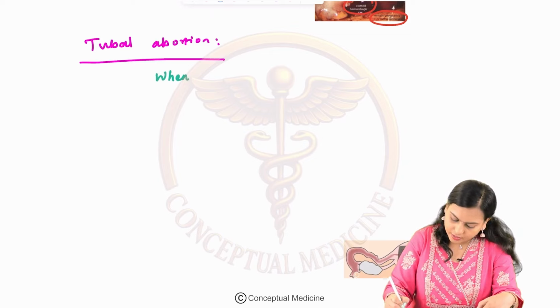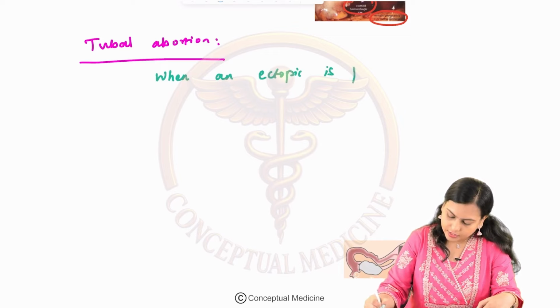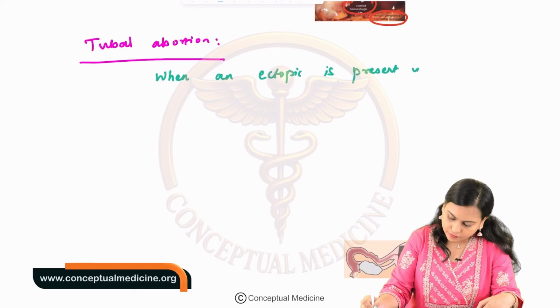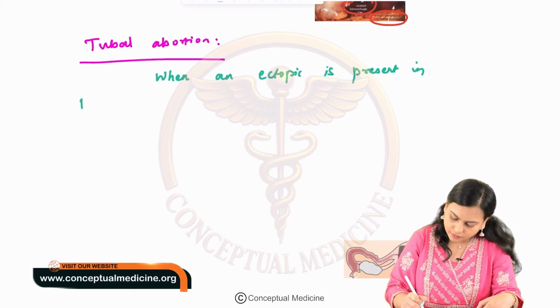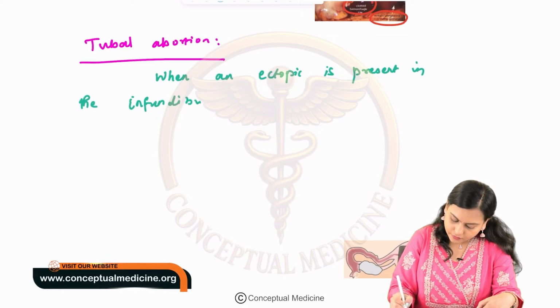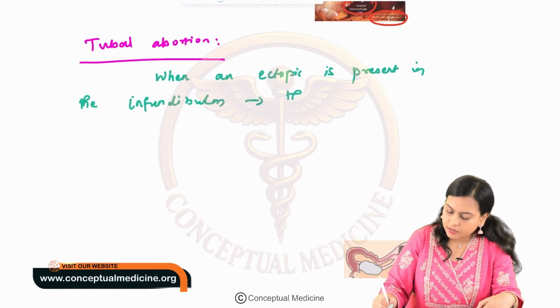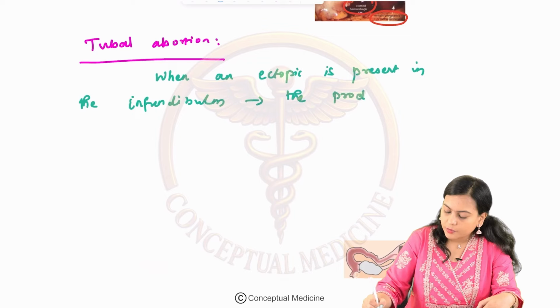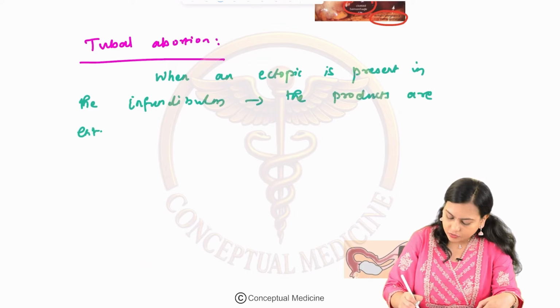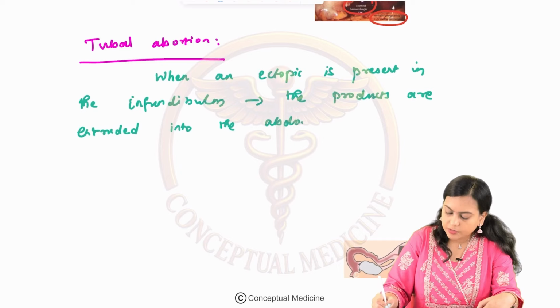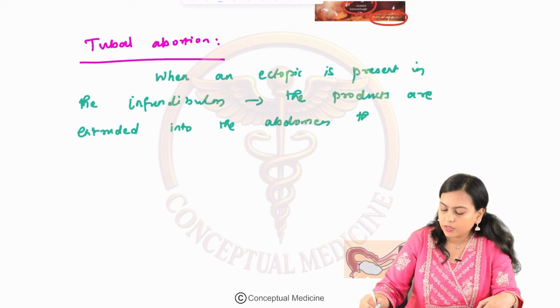So, when an ectopic is present in the infundibulum, the products are extruded into the abdomen through the ostium.